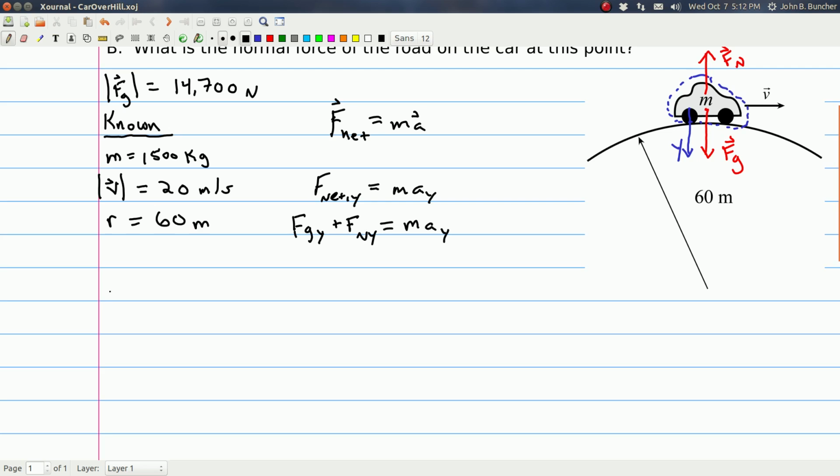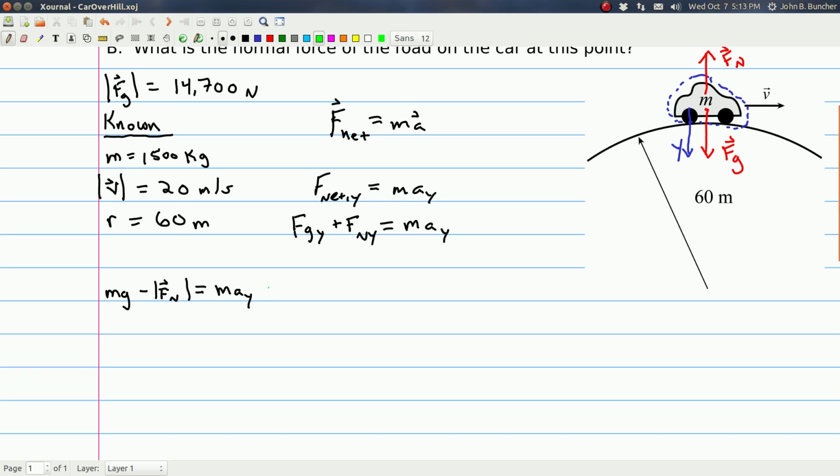All right, the size of the weight is always equal to mg when we're on the Earth. The normal force is pointed up, so that's in the negative y direction for this question. Equals m a_y.